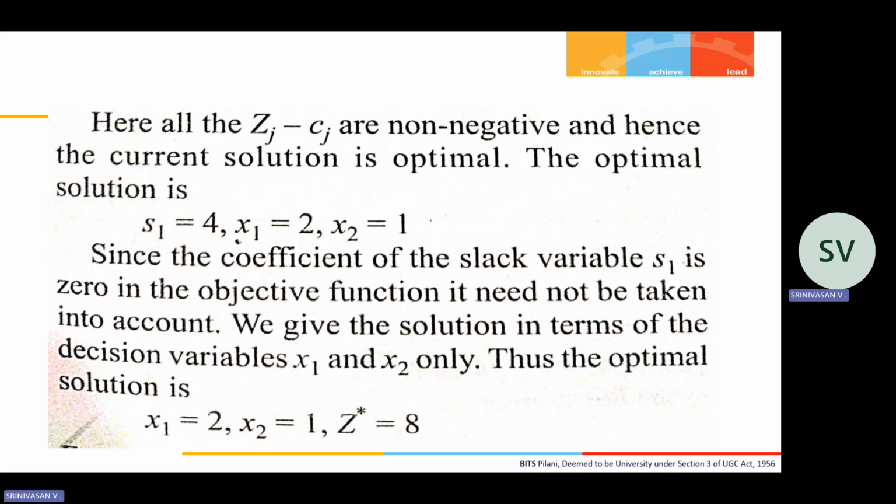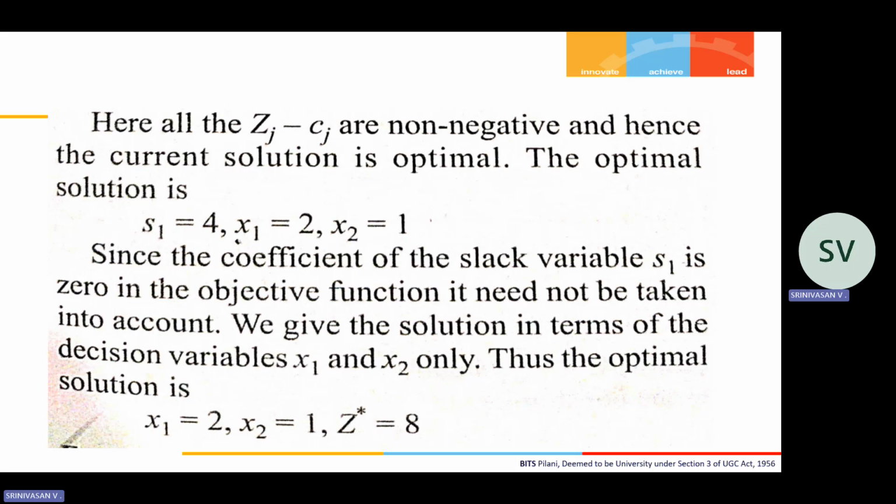Since the coefficient of the slack variable S1 is 0 in the objective function, it need not be taken into account, because the original objective function is only in terms of X1, X2. Isn't that so? Slack variables are introduced by us, so they have coefficients of zero in the original objective function. Any improved value for them will not be of any use.